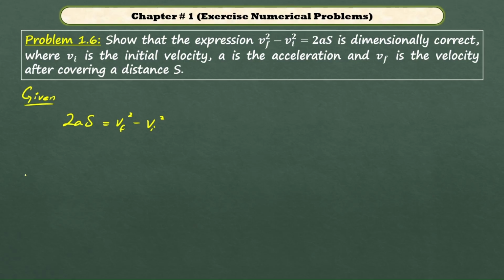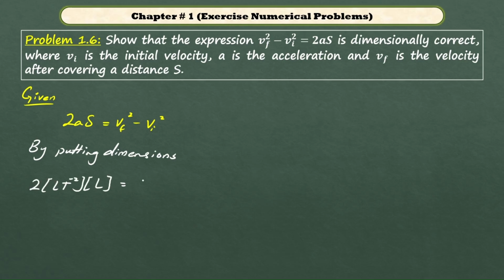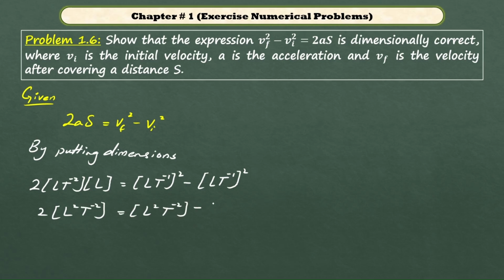As given that 2as is equal to Vf square minus Vi square, by putting dimensions of a, s, Vf and Vi, that is the initial and final velocities, it becomes equal to this.